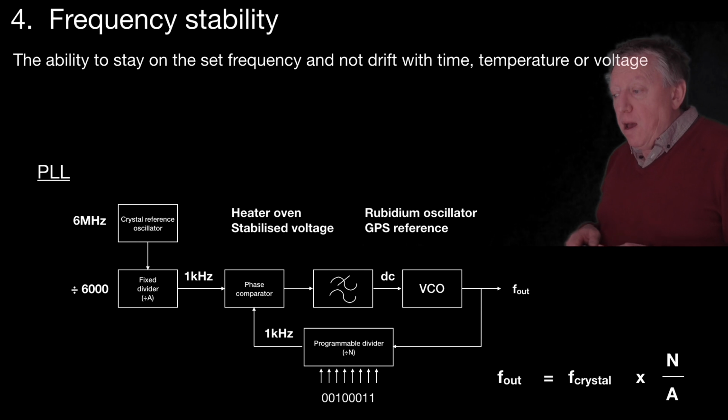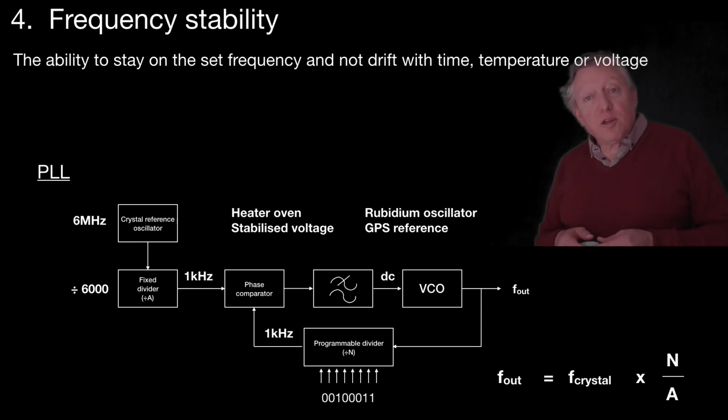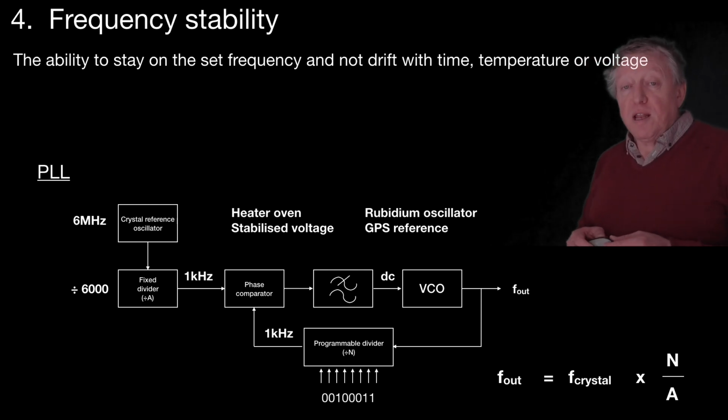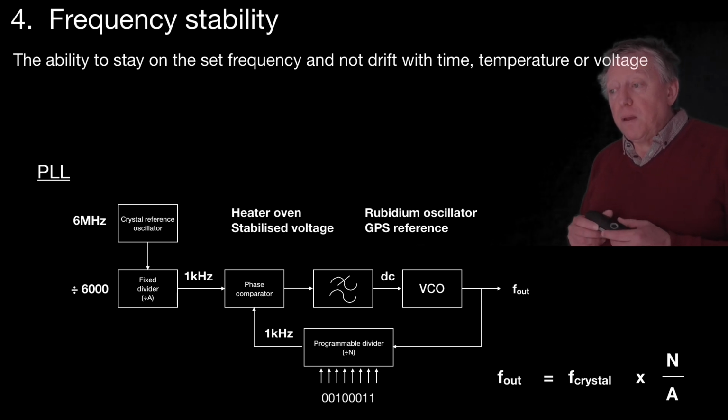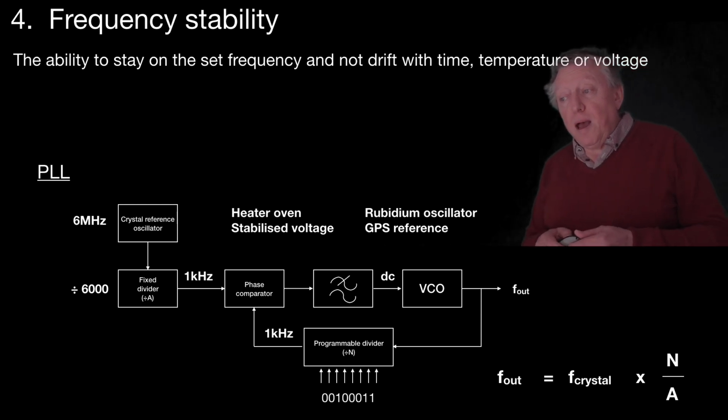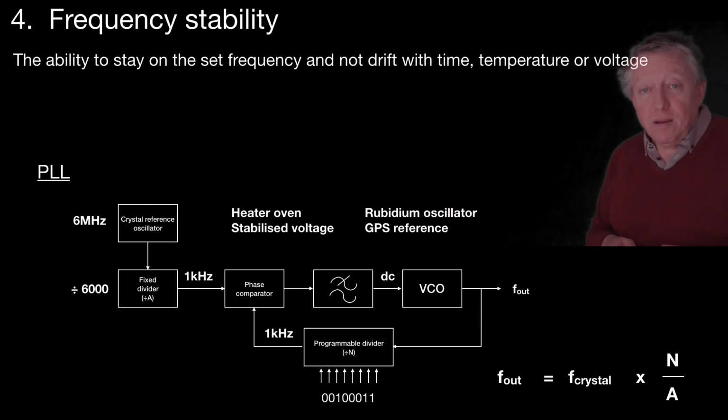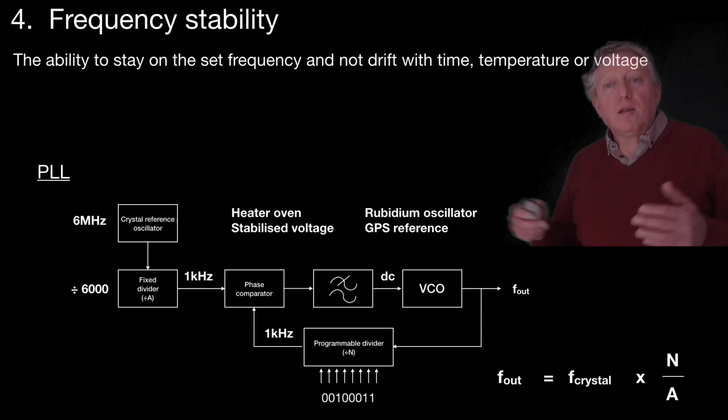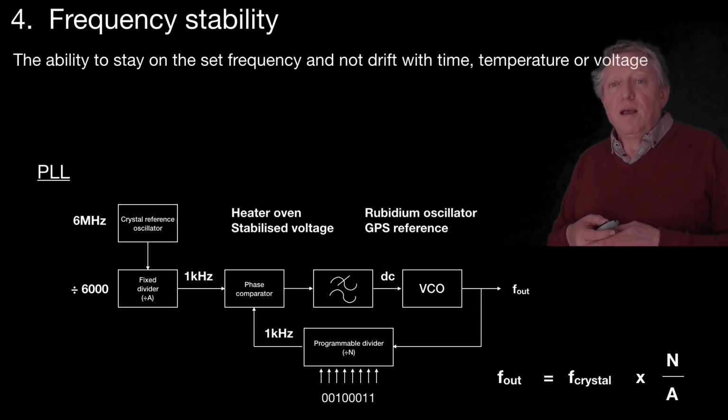You can also work on having good stabilized voltage for your crystal oscillator. If you have poor voltage on the crystal oscillator, that will also cause frequency instability. Some people use a GPS reference, and it is even possible commercially, it's very expensive, to use rubidium atomic clocks to provide very accurate references.